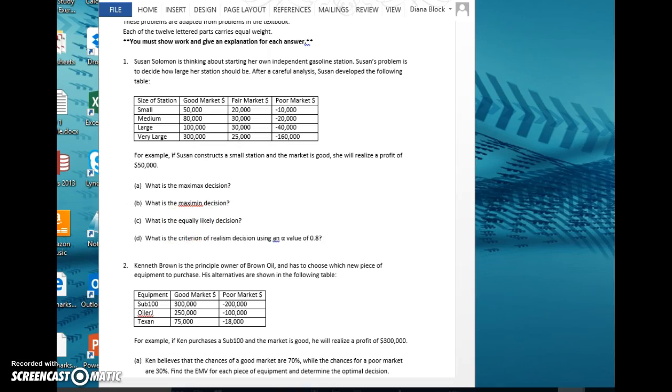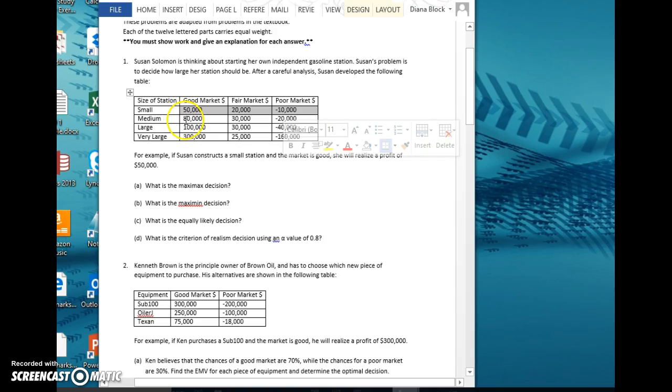You're going to average the payoffs in each scenario. So you're going to average the possible payoffs for a small market, the possible payoffs for a medium market, large, and very large.